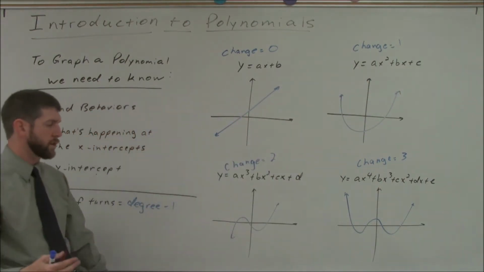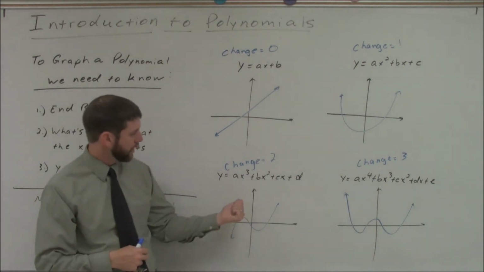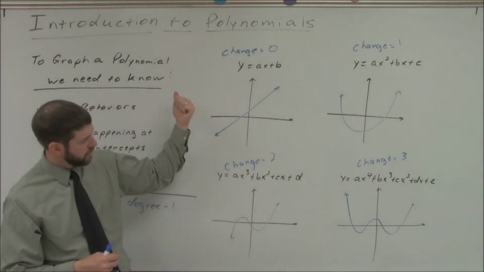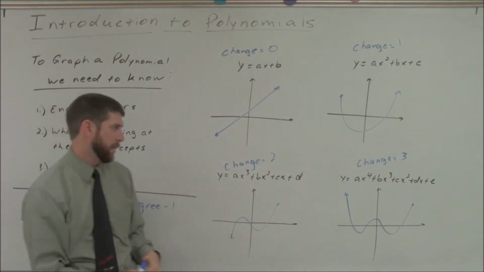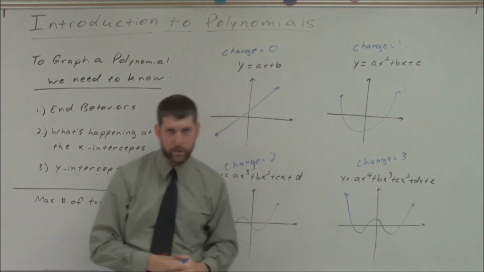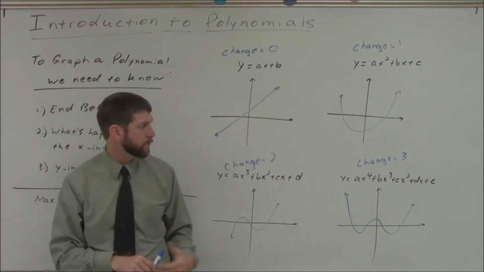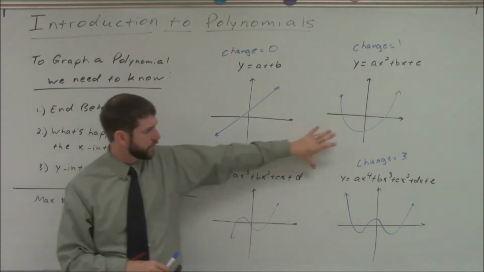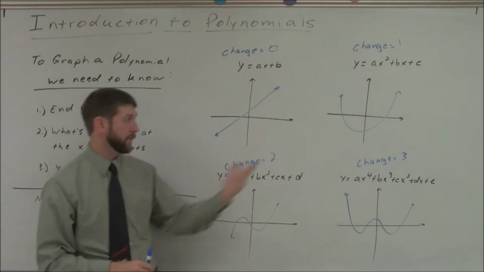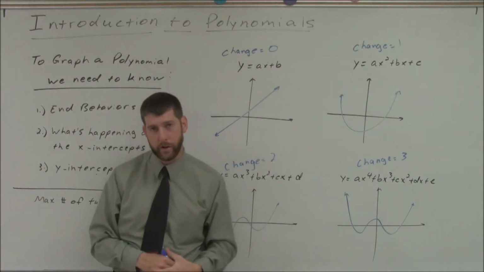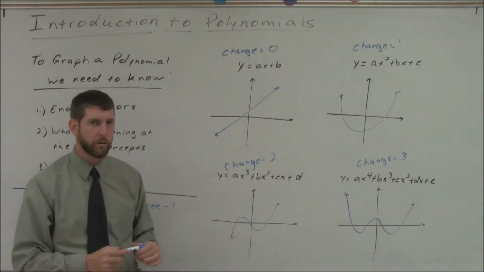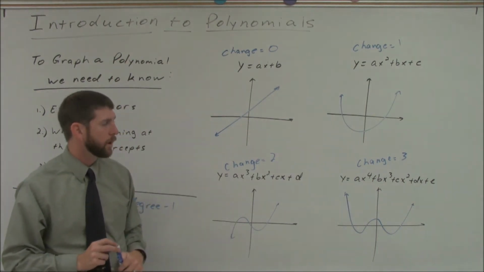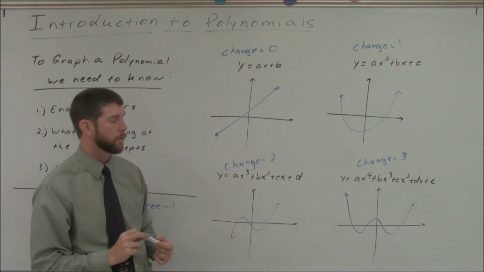So why do these have the same properties at their ends, and why do these have the same properties at their ends? What is similar about these two functions and these two functions, but different between these two functions? Take a second, ponder on it, and I'll get some other stuff written up here on the board.